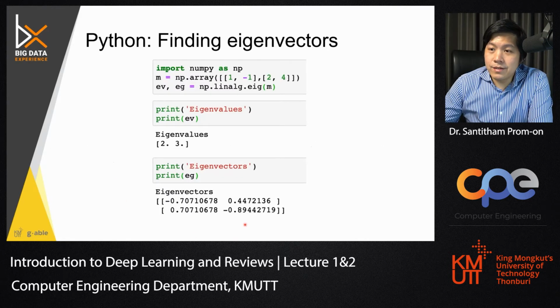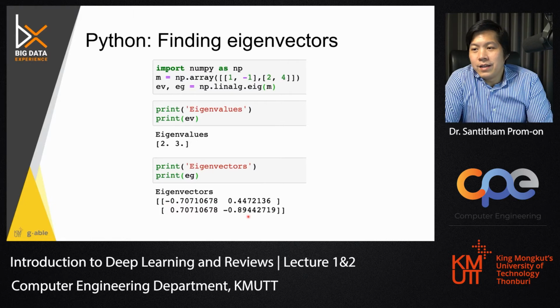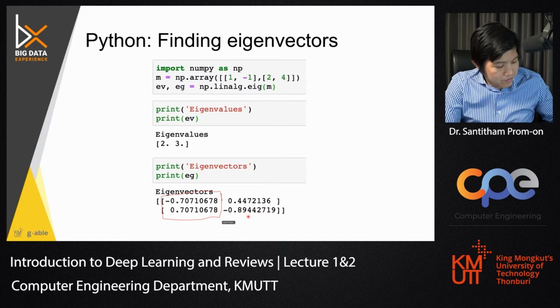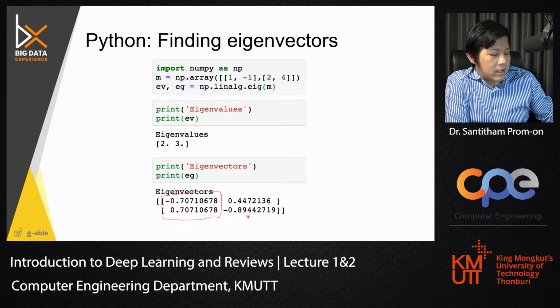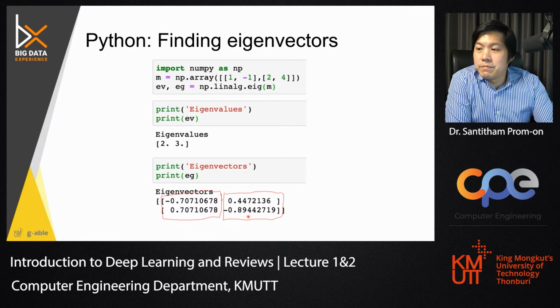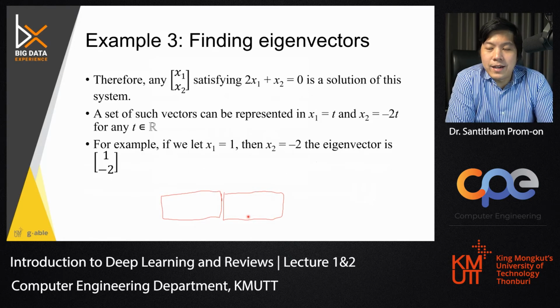Well, we get 1, minus 2 and 1, minus 1, but when we use Python, we get minus 0.707 and 0.707, and then 0.447 and minus 0.894.